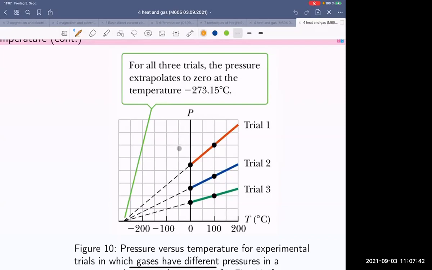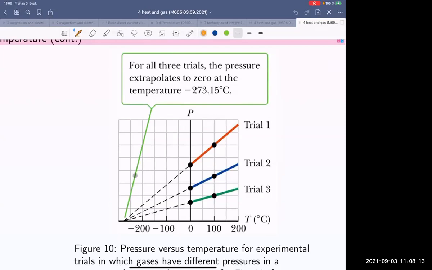So when they know that minus 273 degrees Celsius is no longer convenient for people to use, they build a new temperature scale, but the resolution will be the same as the Celsius scale, because that is the scale that most people use.